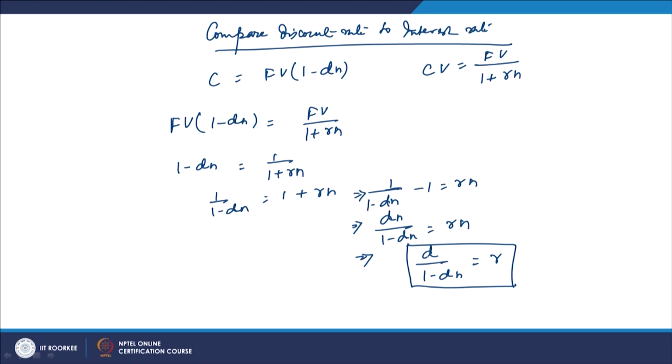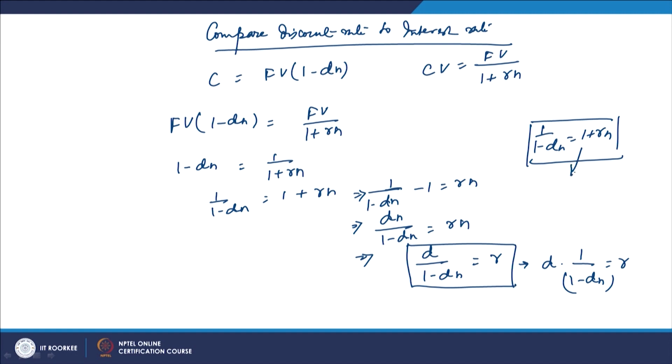In such cases, we can also further write d into 1 by 1 minus Dn. This is becoming R, and what we have earlier seen is that 1 by 1 minus Dn is 1 plus Rn.